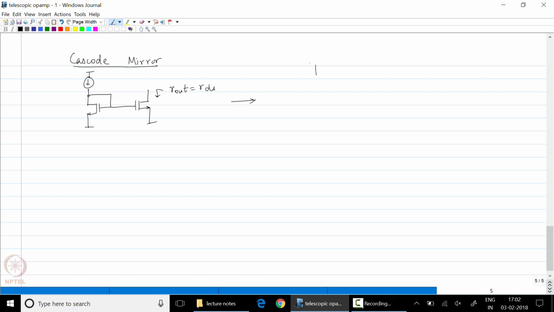So I move to a cascode current mirror, which looks like this. So this is the cascode current mirror.